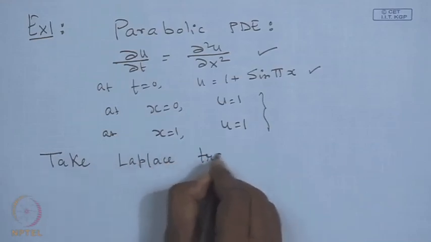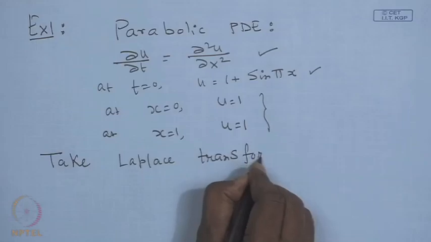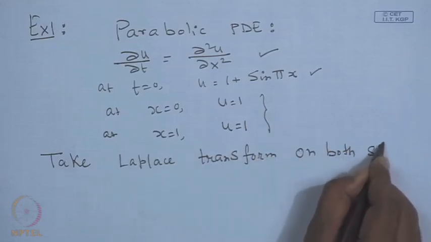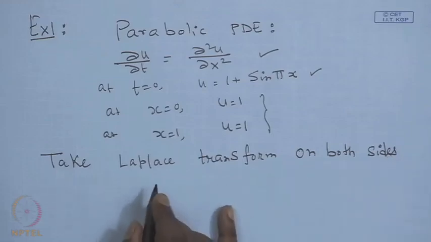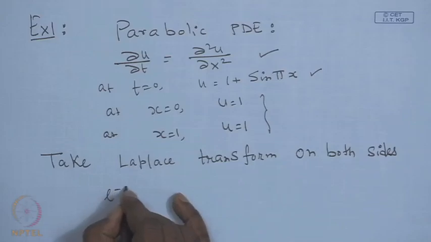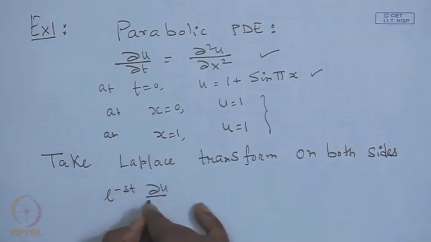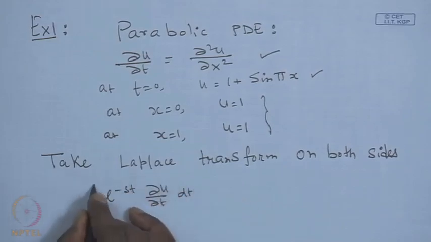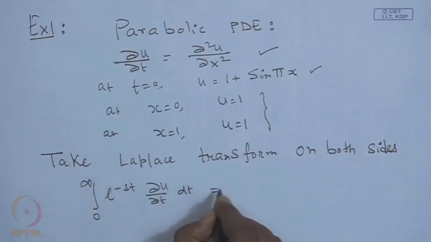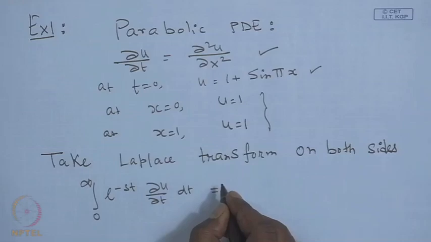Laplace transform on both sides. So, what do we do? We multiply both sides by e to the power minus st, ∂u/∂t dt from 0 to infinity. That is the domain of Laplace transform. We have already looked into the kernel and the limits of various transforms: Laplace, sine Fourier, Fourier, cosine Fourier, Mellin and Hankel transform.